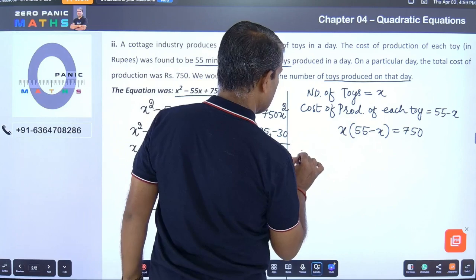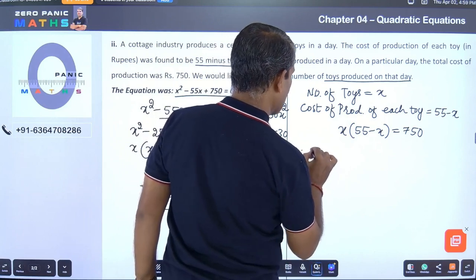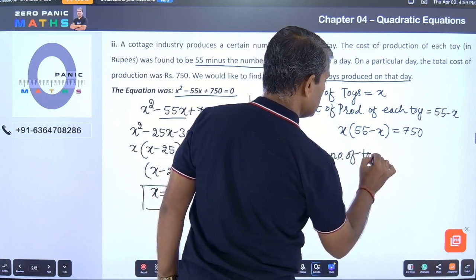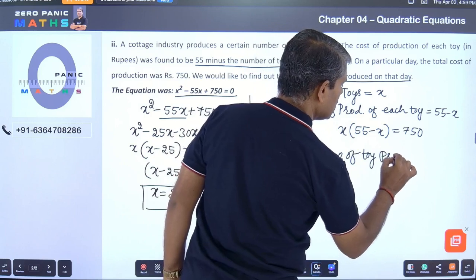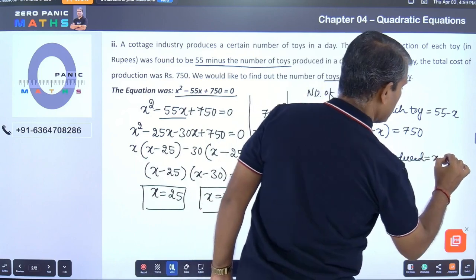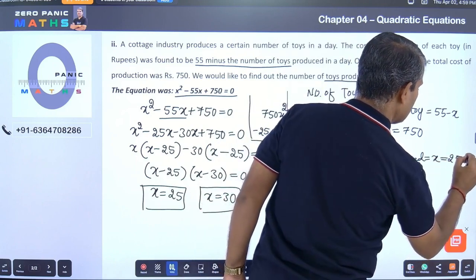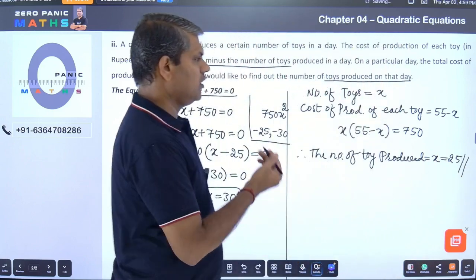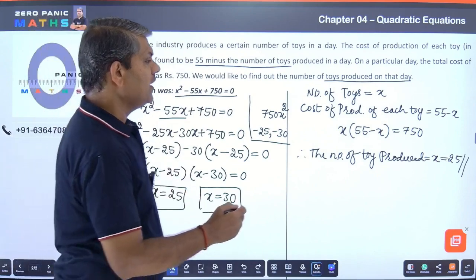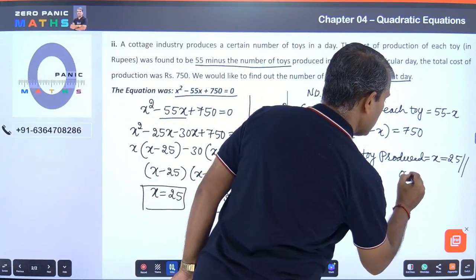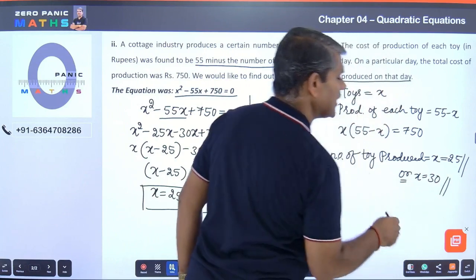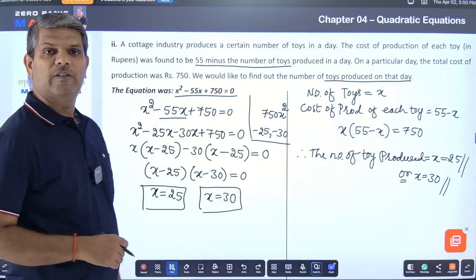So you can say, therefore, the number of toys produced is equal to x is equal to 25. I'll take 25 or 30. You can give any value, you can say x is equal to 30 also, because both will satisfy the given condition, right?